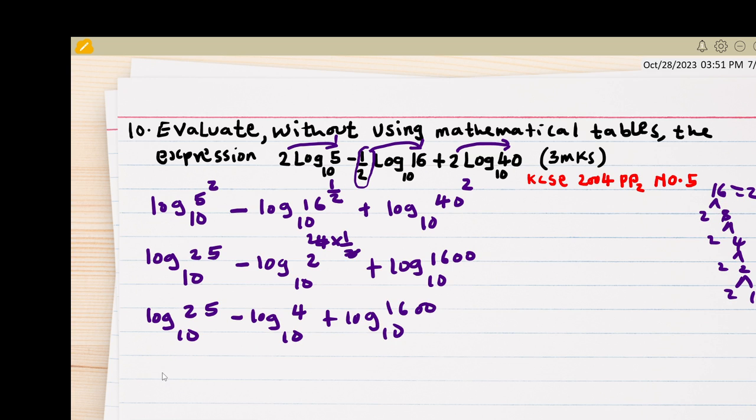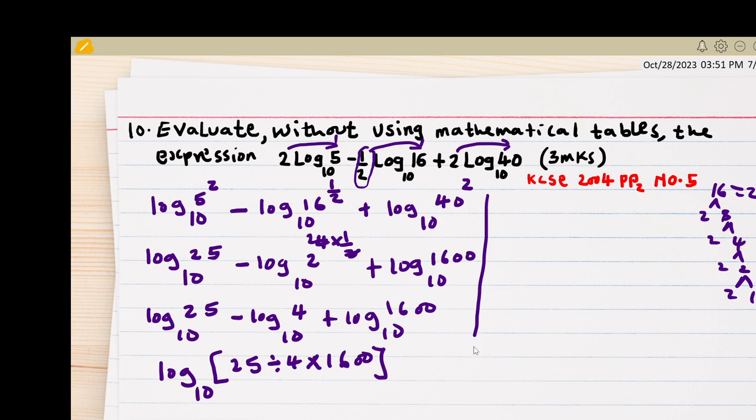Then I can factor out log to base 10. I apply the laws of logarithm. When you subtract, you have to divide, so this will be 25 divided by 4. When you add, you have to multiply, then multiplied by 1600. So this will give us log to base 10.